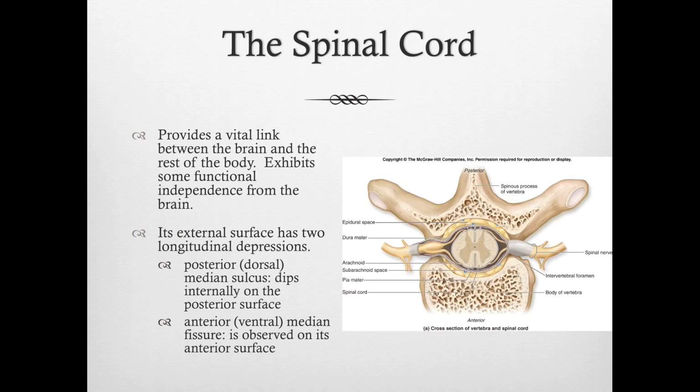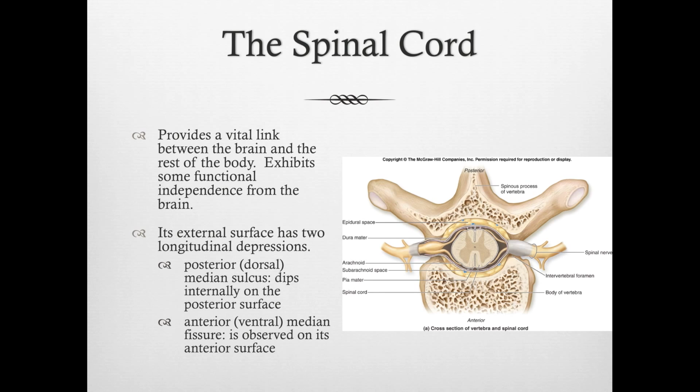So the spinal cord is that vital link that we see between the brain and the rest of the body. In and of itself, in certain cases, the spinal cord is actually independent. That is, it functions independently of the brain to make certain decisions that don't need to go to the brain. So we'll talk about those as we get there, right? But otherwise, it is that link that brings information.